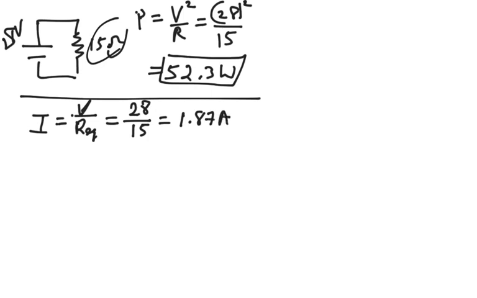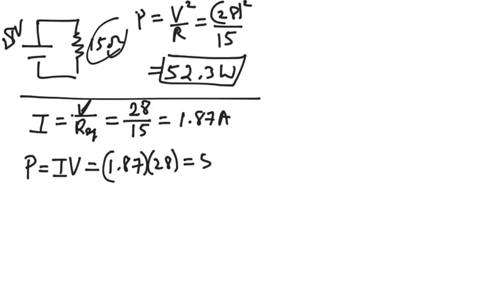And hence the power of the battery is the current times the voltage of the battery. And that would be 1.87 amps times 28 volts. And that gives us 52.3 watts.